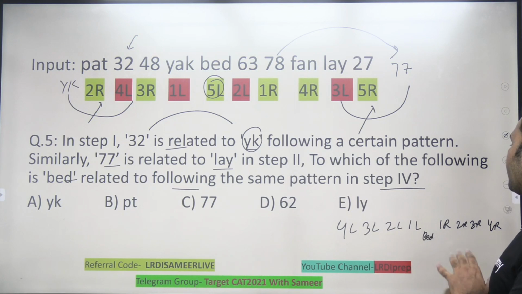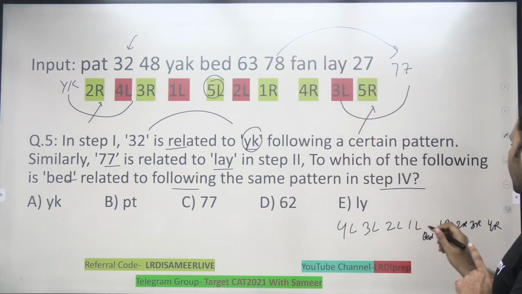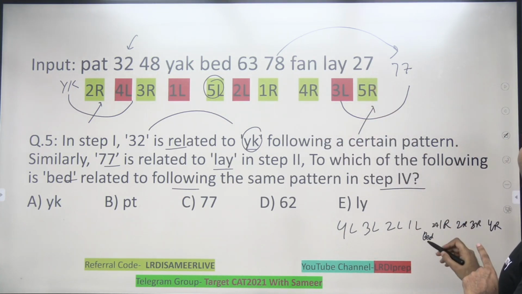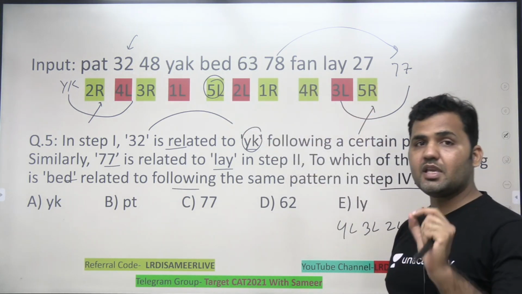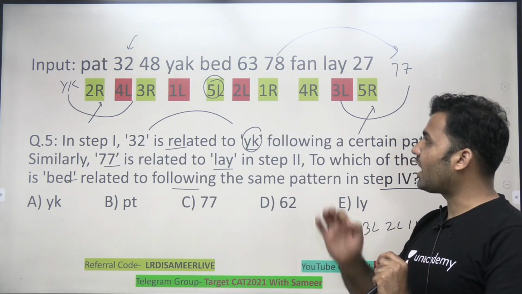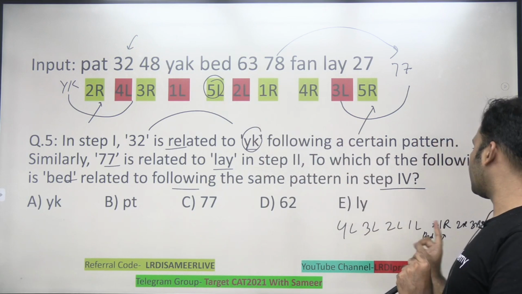This is where the bed will be positioned. And then you will have the element which is 27 here, right? And then the element of 1R will be coming over here, because these are the only 2 elements which will not be positioned in step 4. They will be placed as it is in between.